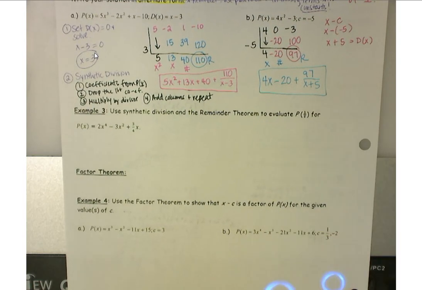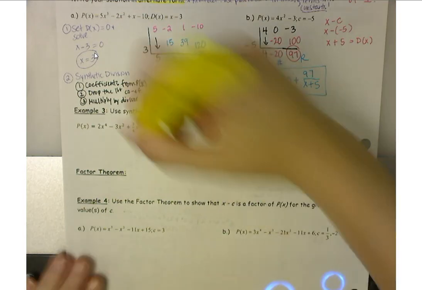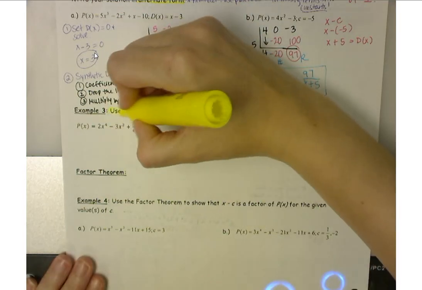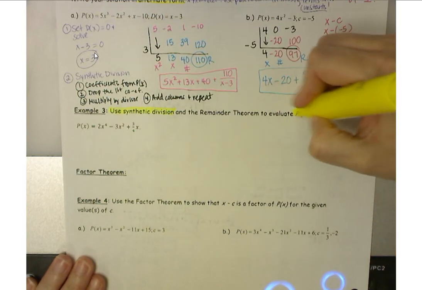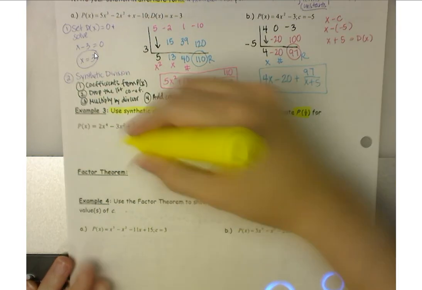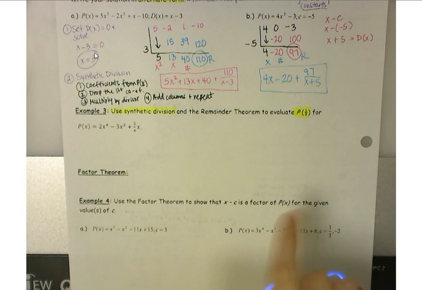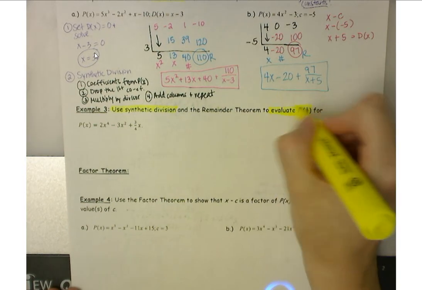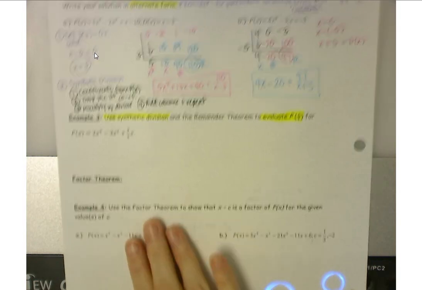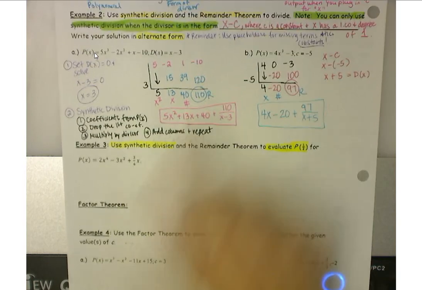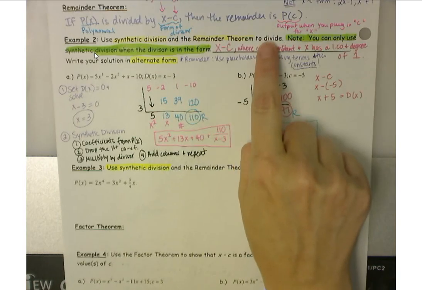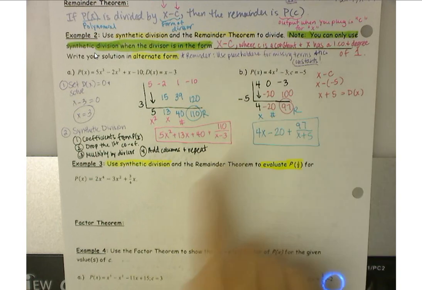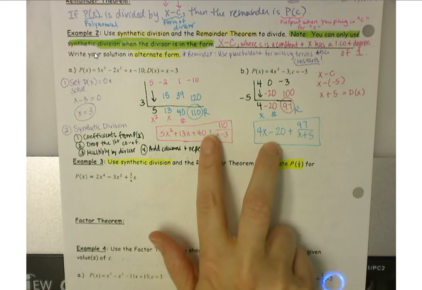All right, for example 3, it says use synthetic division and the remainder theorem to evaluate p of 1/2 for p of x. Now, notice how the directions are different from example 2. Here it just said you were using it to divide, and then your answer was written in alternate form.